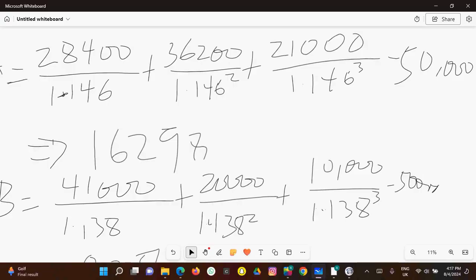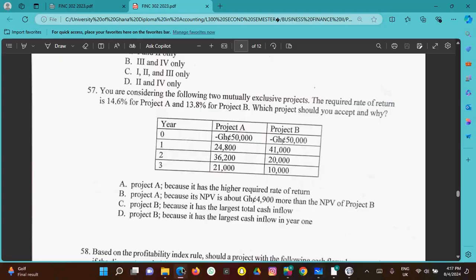So we can clearly see that the first project has a higher NPV than the second one, right? They say we should accept project C because it has a higher internal rate of return. No, that is wrong.